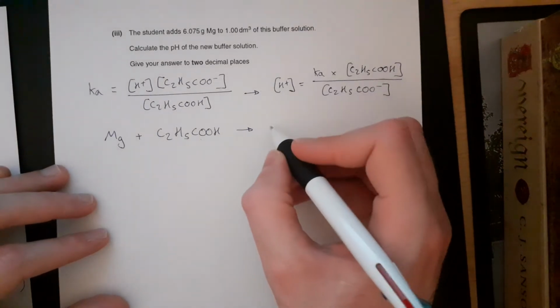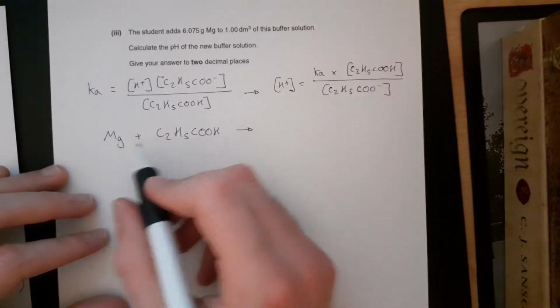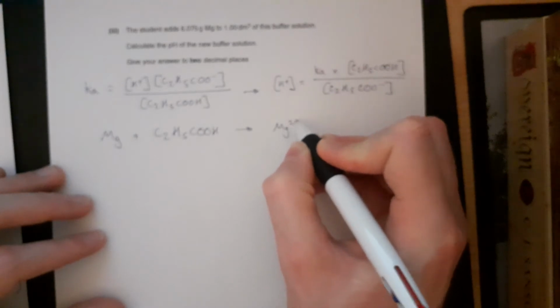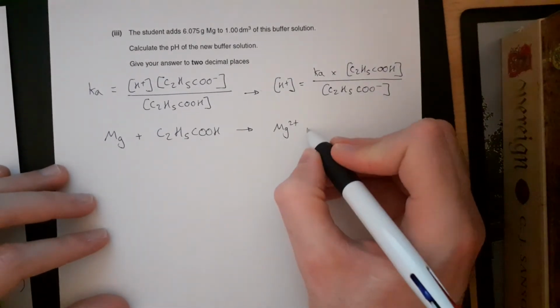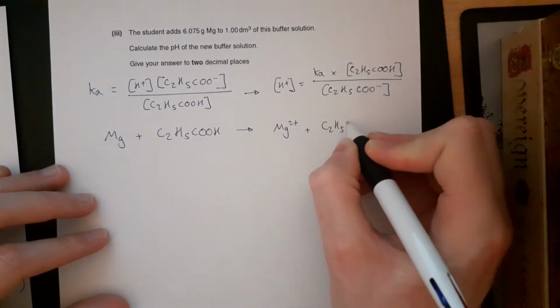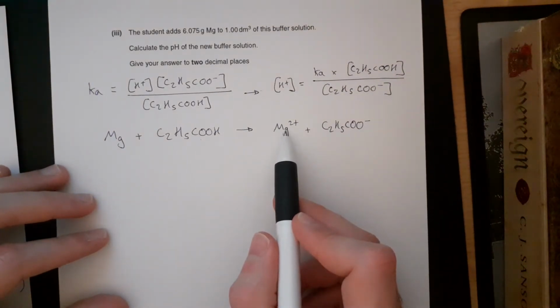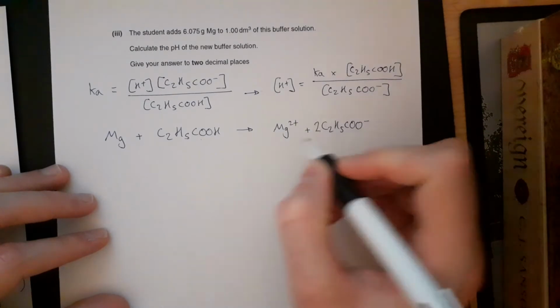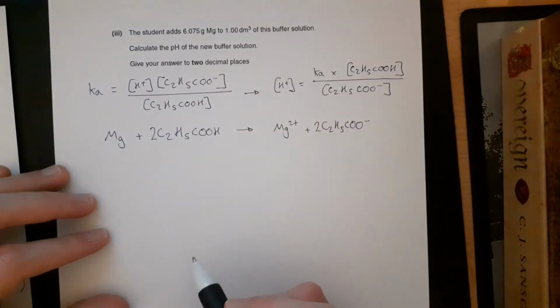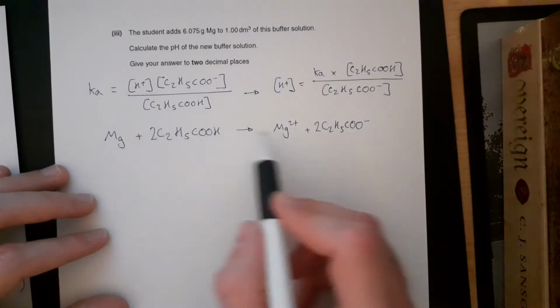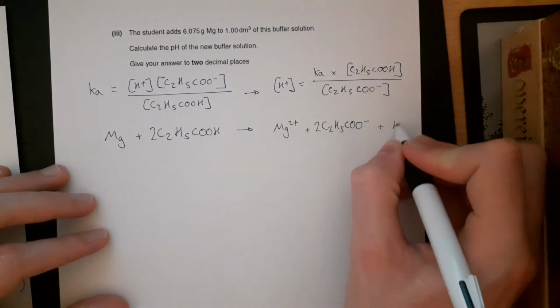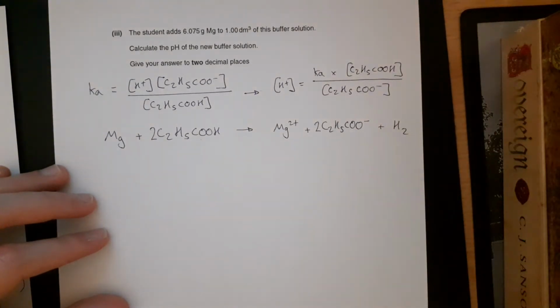Okay, so I'm going to write this as saying we're going to end up making magnesium ions, okay, and propanoate ions. Okay, and you can see because magnesium's in group 2, we're going to need to make 2 of those. We're going to need to have started with 2 of those. And an acid and a metal is going to make a salt and hydrogen gas. That's going to be our reaction.